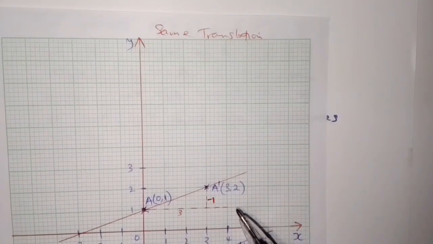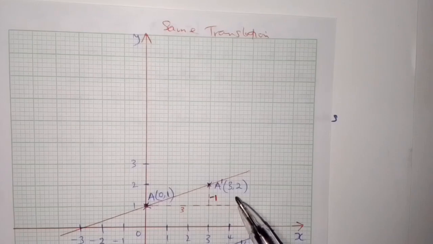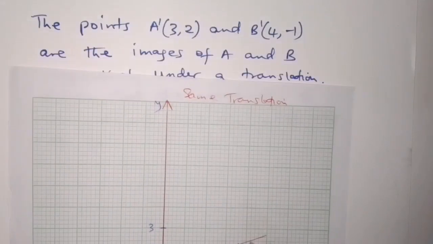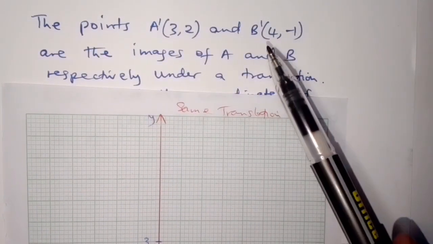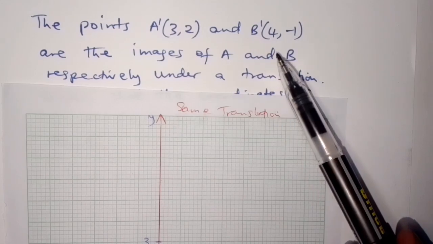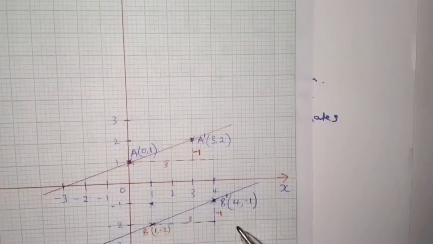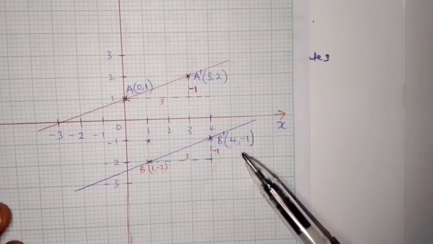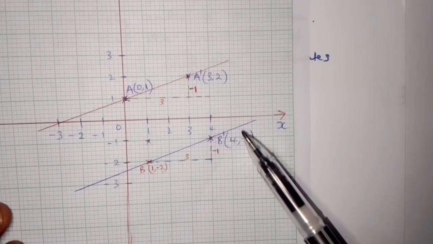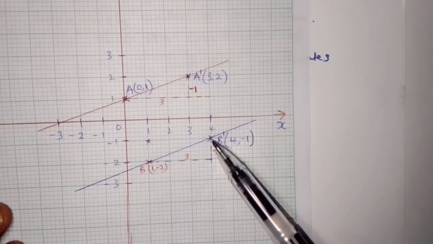So this is our point A prime (3, 2), and our point B prime is (4, negative 1). B prime here is (4, negative 1). This is the point.